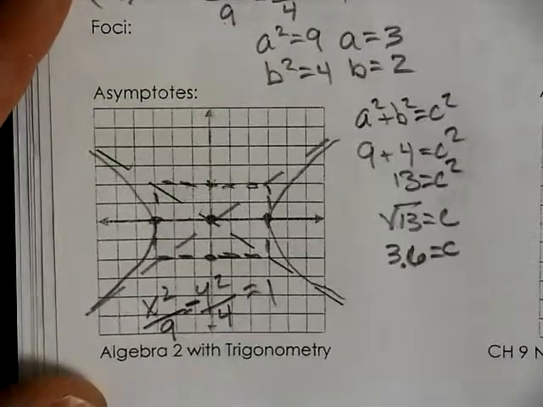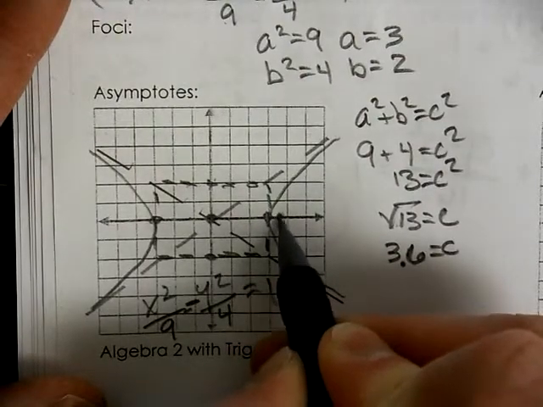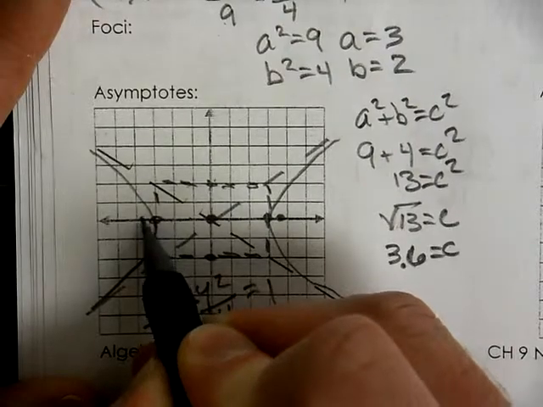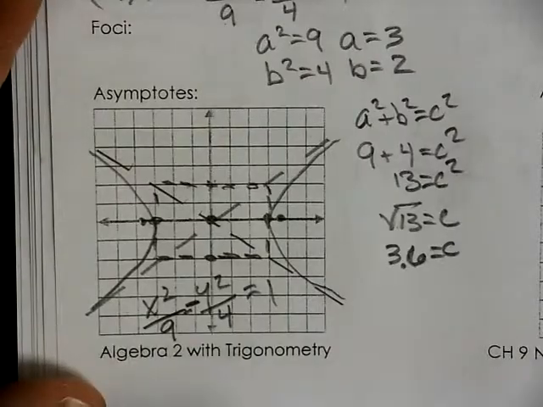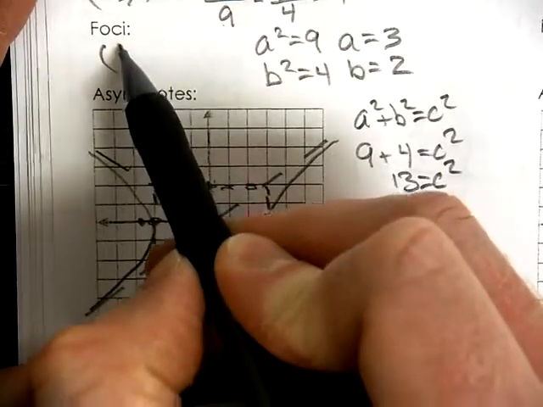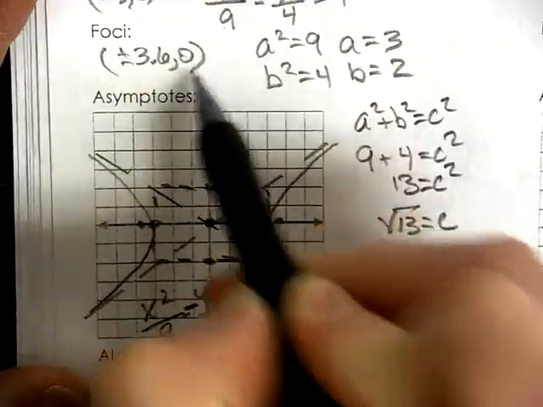So if that's 3.6, then we're going to come out 1, 2, 3.6 and 1, 2, 3.6. Now we can label those as plus or minus 3.6 comma 0.